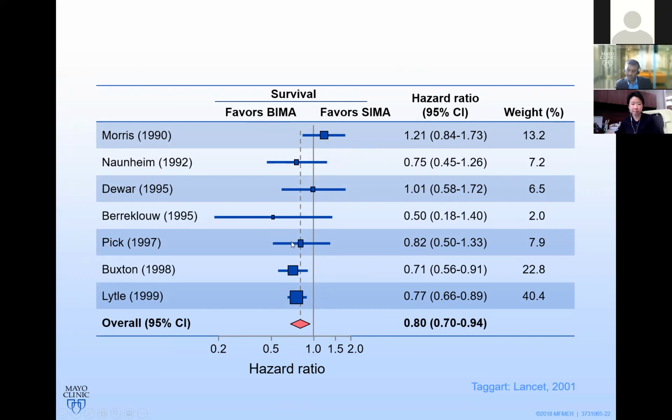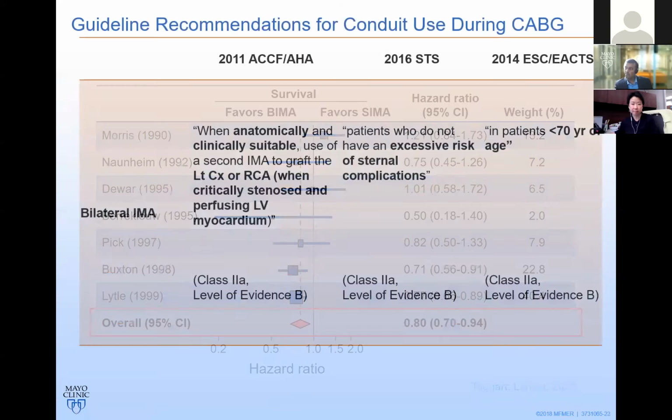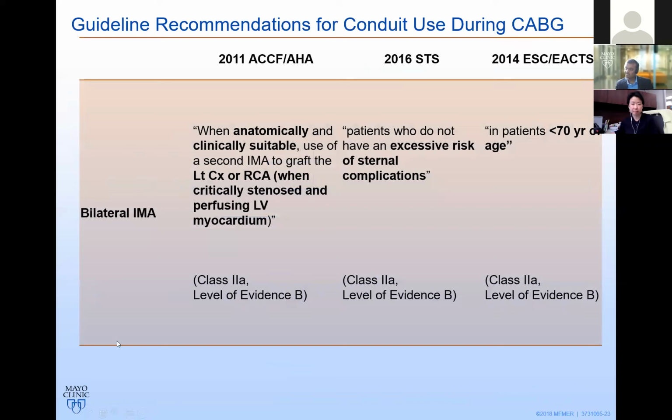This led to another set of guidelines, which said you can use bilateral internal mammary arteries to some extent, but the level of evidence is not huge, so we'll just give it a class 2A recommendation, meaning it is reasonable to use, but it's not that it should be mandatorily used.